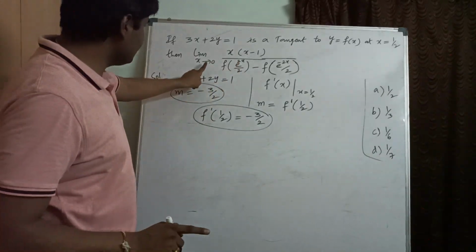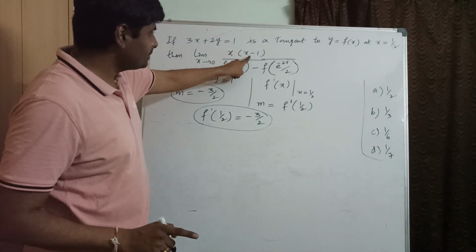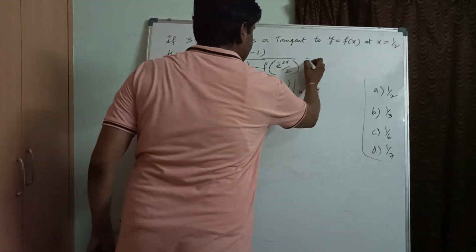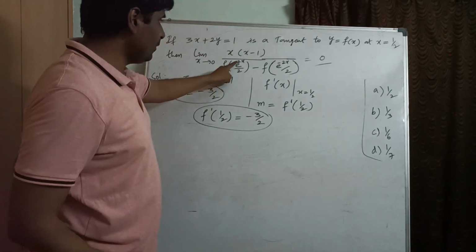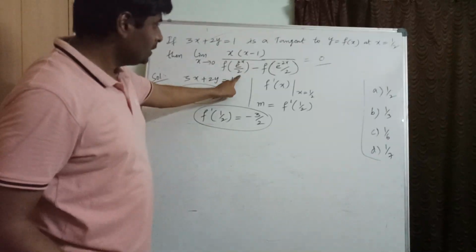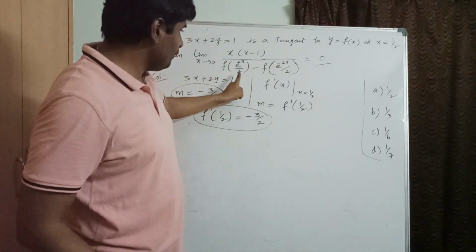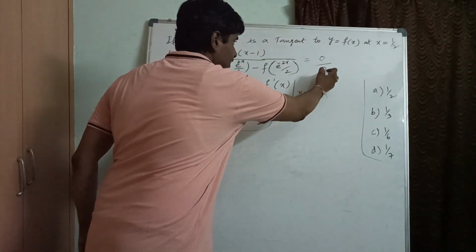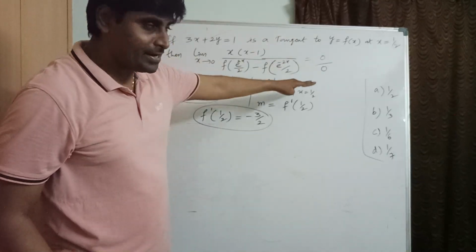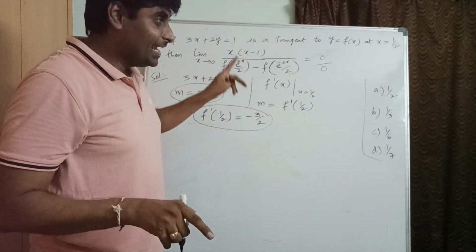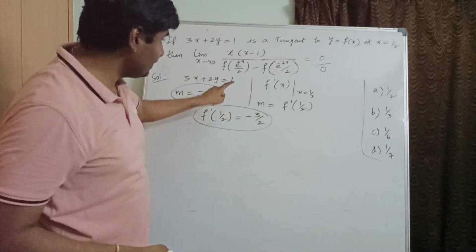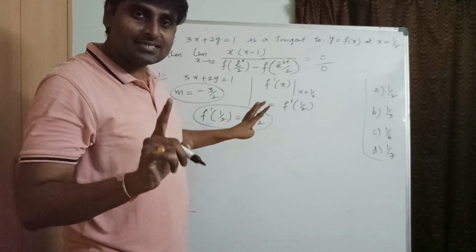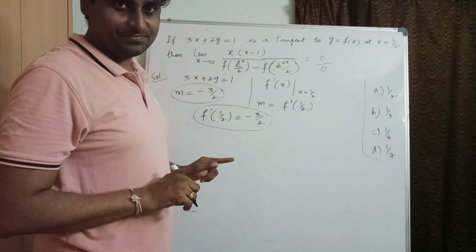See here, if you substitute 0, 0 into something, e power 0, and here also 1 by 2, here also 1 by 2, f of 1 by 2 minus f of 1 by 2 is 0. So compulsorily in most of the limit problems we will have the 0 by 0 form. Then what do you do? L'Hospital rule. In L'Hospital rule, we'll have this term in that. There we can substitute this value so that we'll get the result for that limit function. Clear?